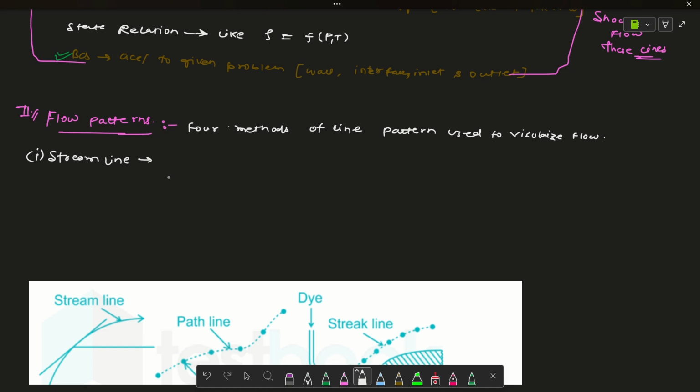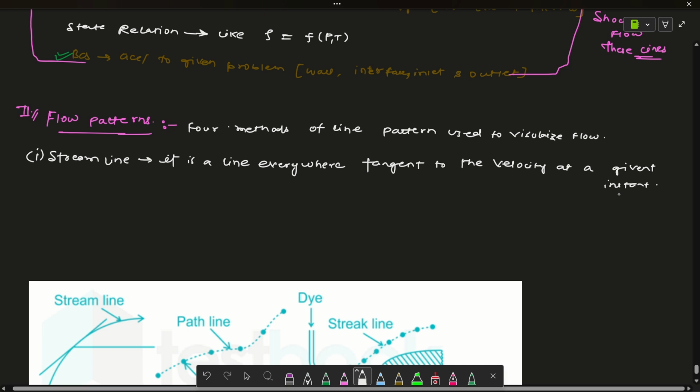The first is the streamline. It is a line everywhere tangent to the velocity vector at a given instant. This is an instantaneous concept, we discuss it at an instant.